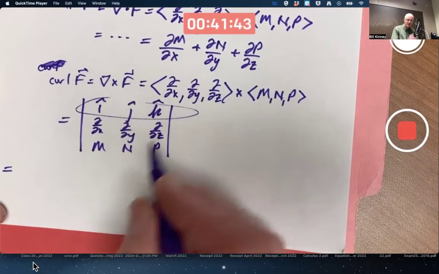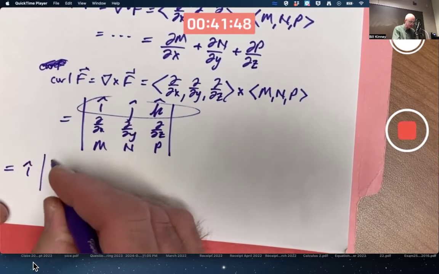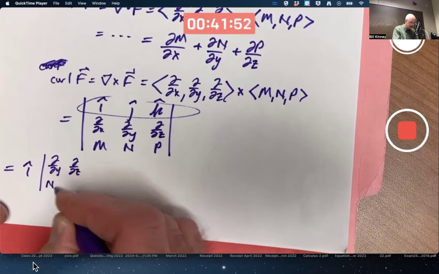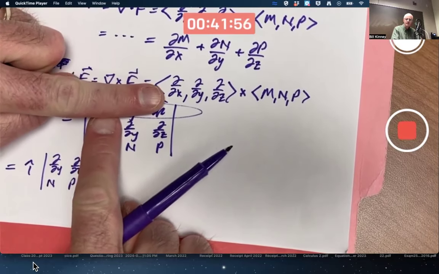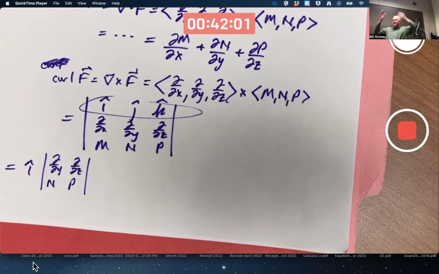I expand what's called a cofactor expansion across the first row. So I take i hat times the determinant of the matrix obtained by deleting the first row and the first column. By the way, the absolute value signs is just shorthand for determinant. Doesn't mean I'm getting a positive quantity.